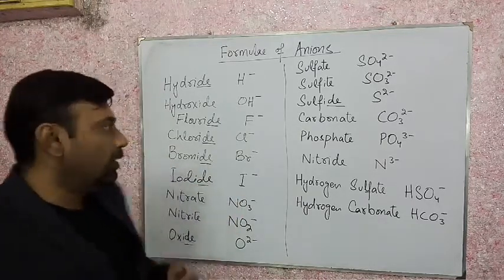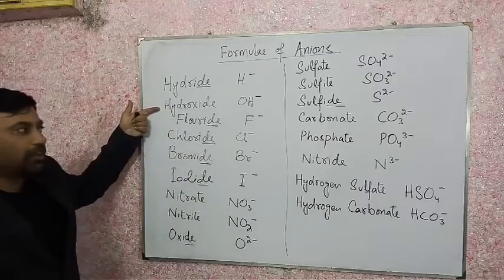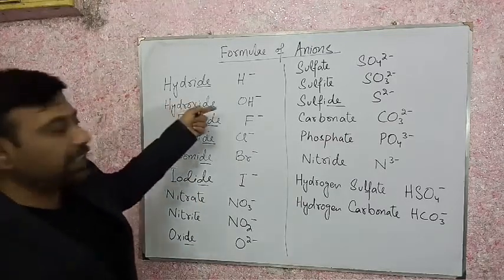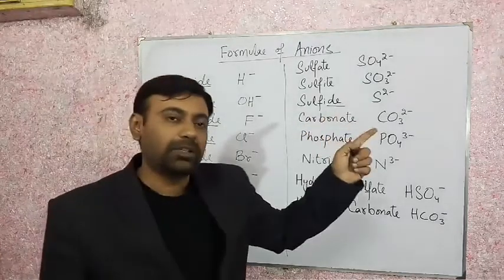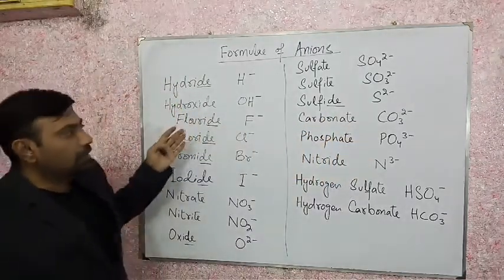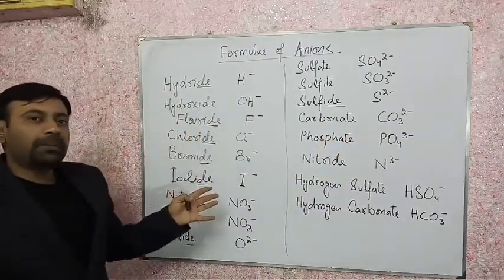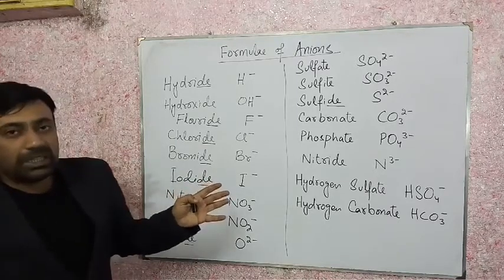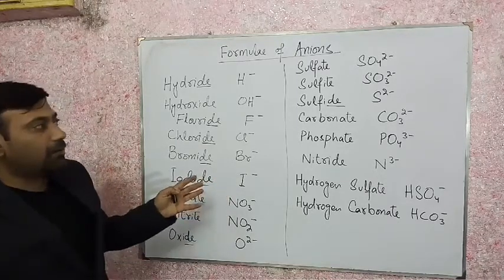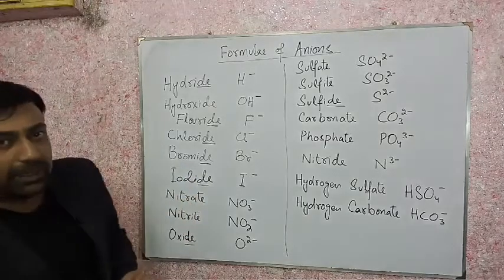Most of them, not all. For example, hydroxide ends with -ide, but it has two different elements, hydrogen and oxygen. All other ions in this table which end with -ide are monoatomic ions of one element.